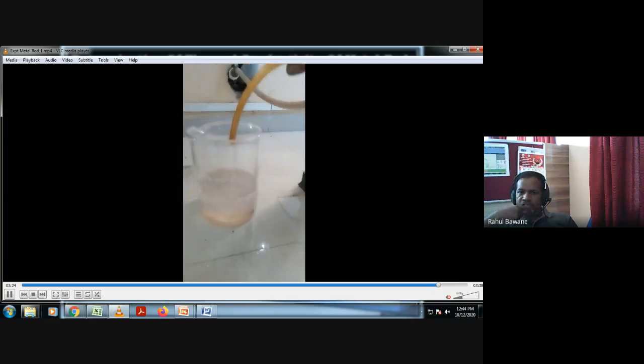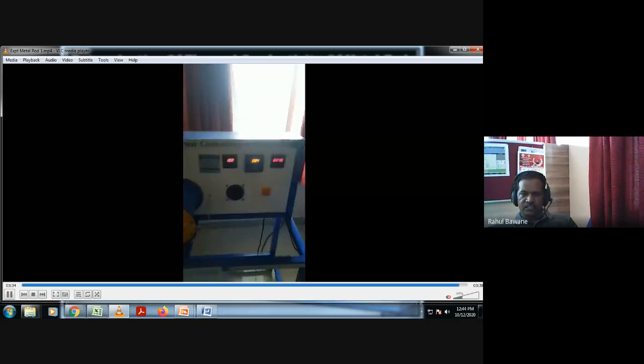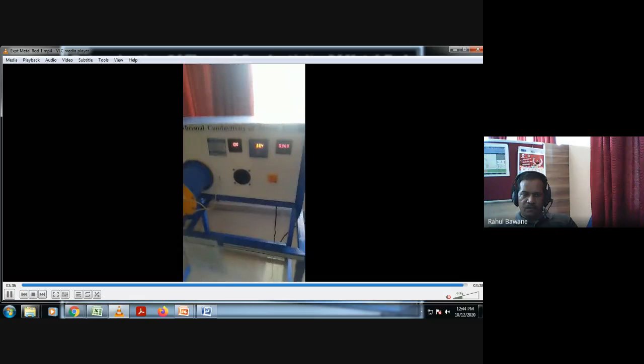So after maintaining the water flow, we have to let this equipment run for 20 to 30 minutes. And once your measurement is over, then put that drainage pipe into the outlet. So this is our experimental setup.